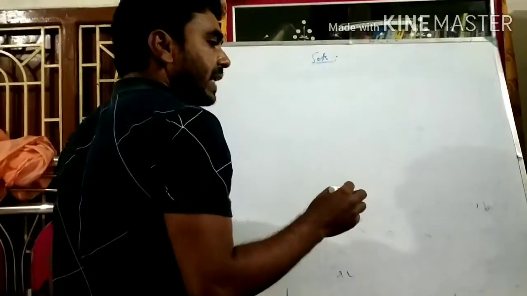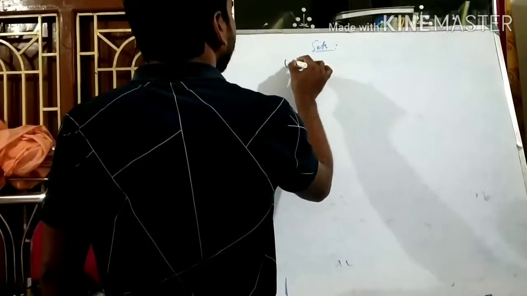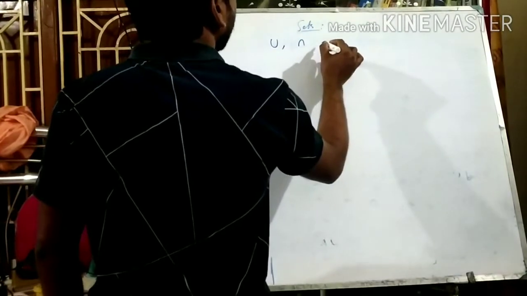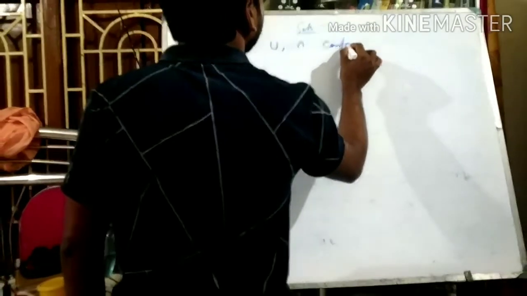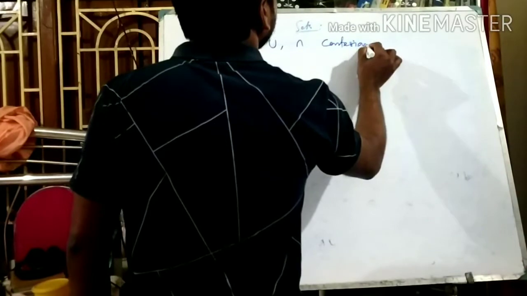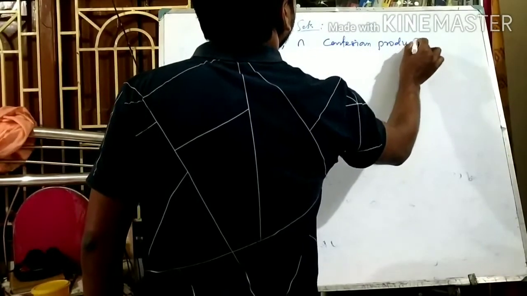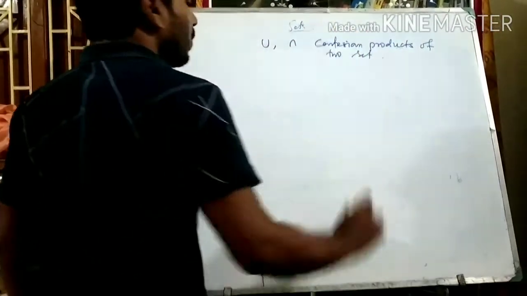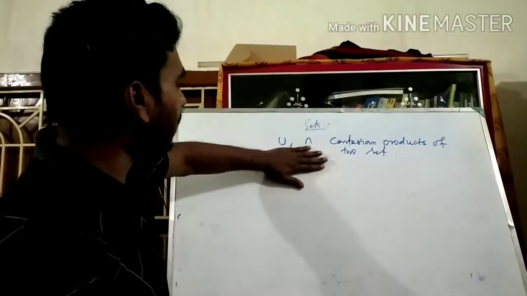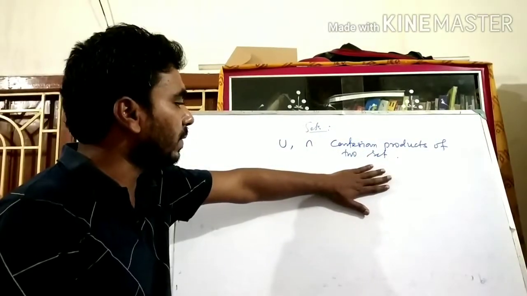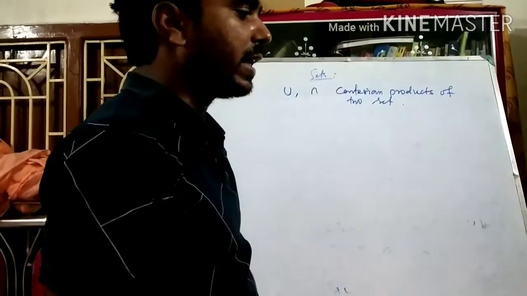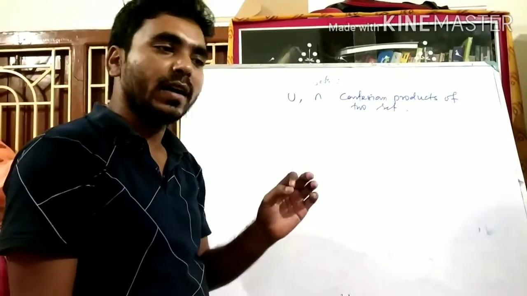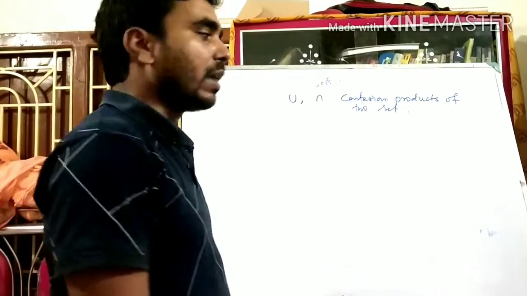Just before we have said that union, intersection, and Cartesian product of two sets, so these three operations have been defined on two sets. Now this notion can be generalized to any arbitrary number of sets.